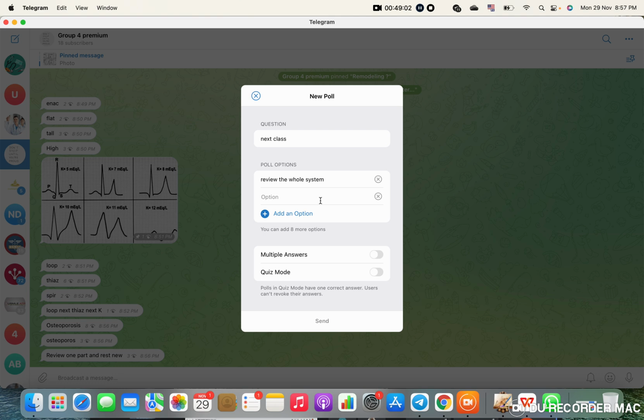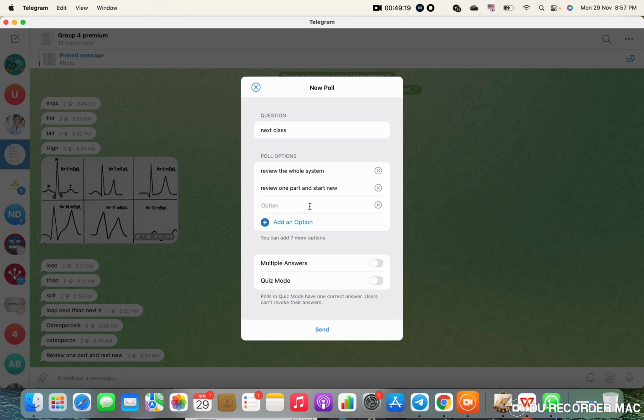That's choice number 1, review the whole system. Choice number 2, review one part and start new. I like that, start new. And the last one, start new.